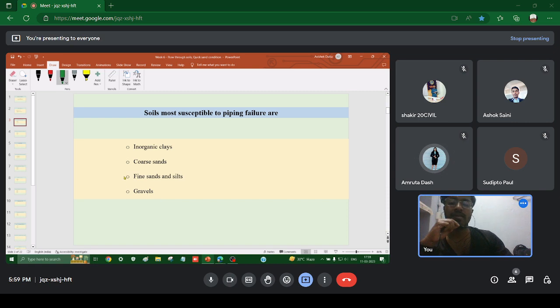Fine sand and silt: quicksand condition, seepage, piping failure, these conditions are related to fine sand and silt, because the continuation of pores lets water seep through them, and only then can piping failure occur. So the continuation of the pores is very important for water to seep through, and hence fine sands and silts are mostly vulnerable to piping failure.